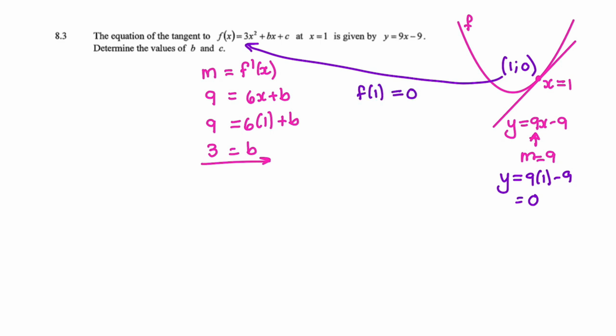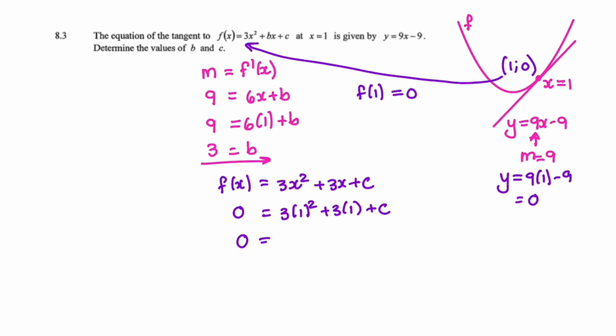So let's quickly do that. We have f(x) as 3x squared plus 3x plus c. y is equal to 0 when x is equal to 1. And that will allow me to find c. So we have 0 is equal to 3 plus 3 plus c, and we can see that c is equal to negative 6.